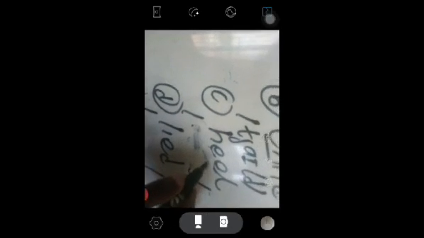So now, back to child. We have ch, and letter L gives us L, and letter D sounds D. So we have child. Mind you, the sound we are looking for is the short i. Then also we have option C, HEEL. The letter H sounds H, and the letters E and E sound ee, and the letter L sounds L. Heel.